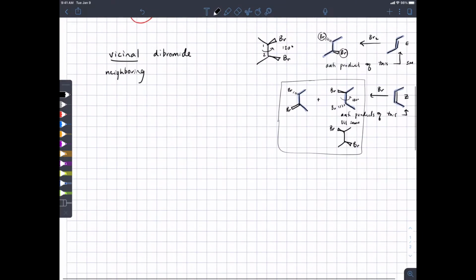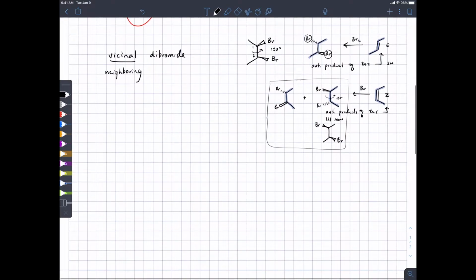Another place where we've seen a similar pattern, just to review, has been epoxide opening. We haven't learned how to make epoxides yet, but there are similar stereochemical issues associated with epoxide opening.